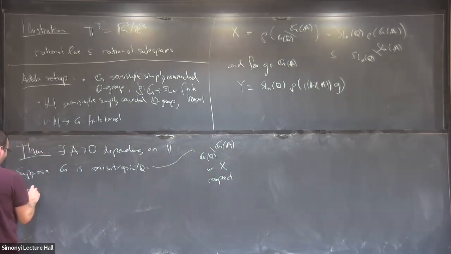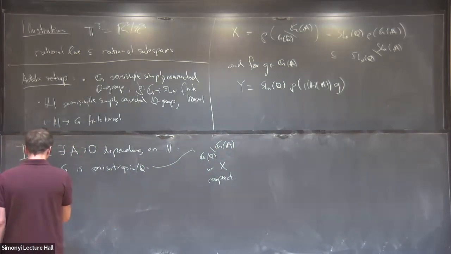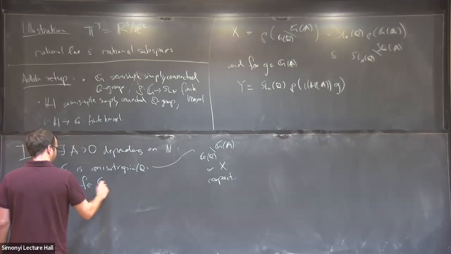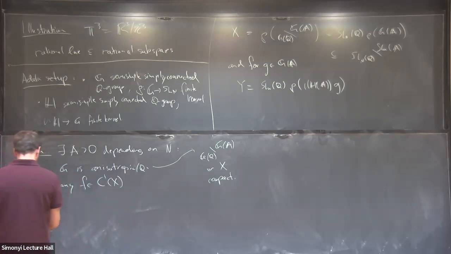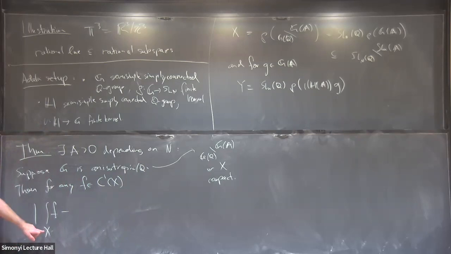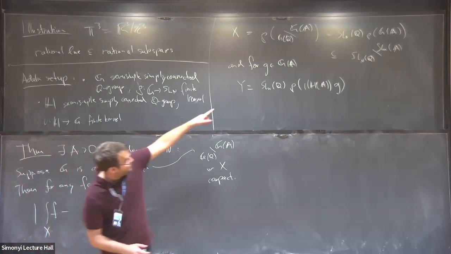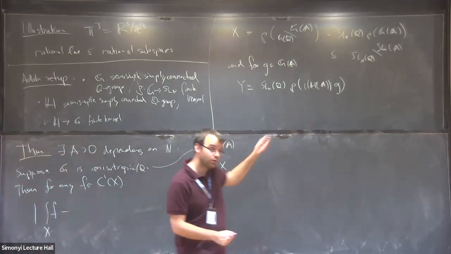Then a random test function. The average over the ambient space with respect to the invariant measure on the orbit. It's an orbit, right?